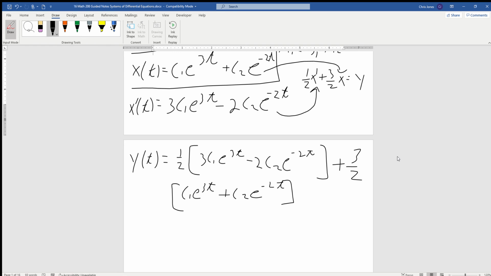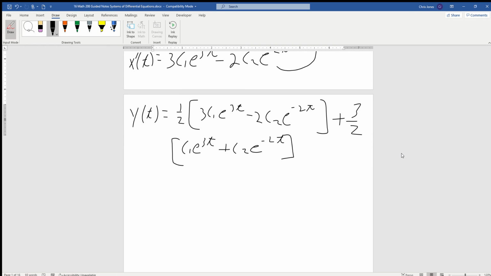All right. Now we can clean this up really nicely. Notice that we have 3 halves by distribution, c1 e to the 3t, and another 3 halves. So that's just going to turn into 6 halves, or 3c1 e to the 3t. Notice that we have -1 after we distribute the c2, and then we have 3 halves c2 e to the minus 2t.